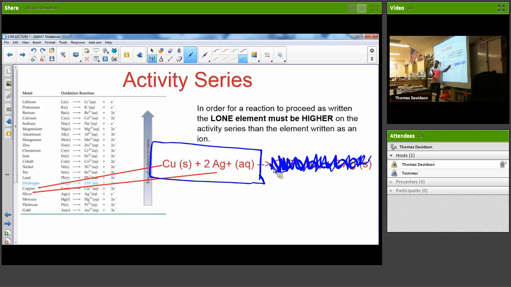How come the something else isn't written here? It's a spectator ion. But in the problem they give you, it would say word-wise, copper plus silver nitrate. Then that's easy, right? Copper is the loner. Silver nitrate is the thing that's an ion. All right? So the lone element must be higher on the activity series than the element written as an ion.